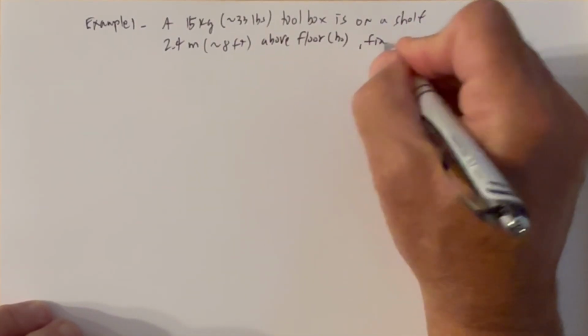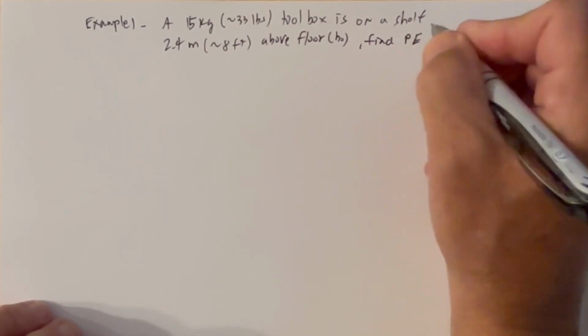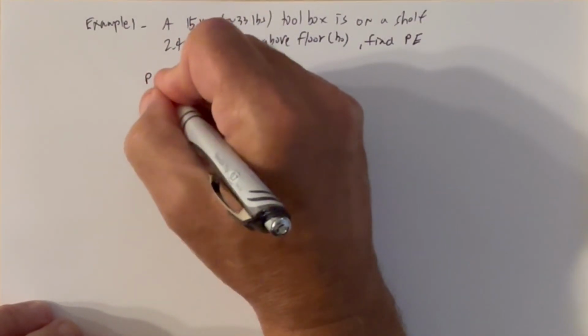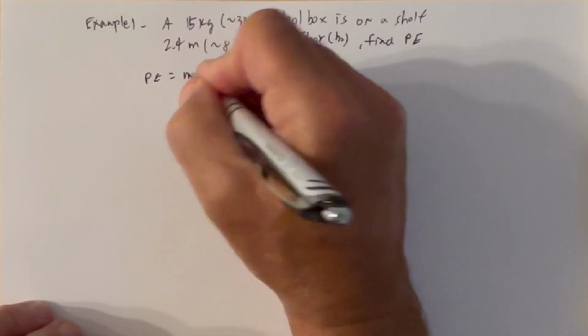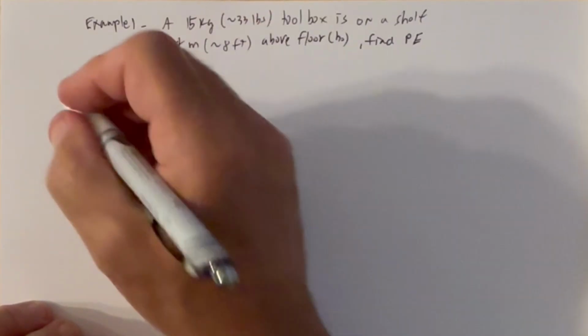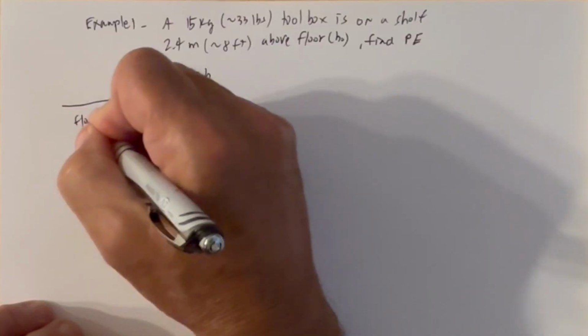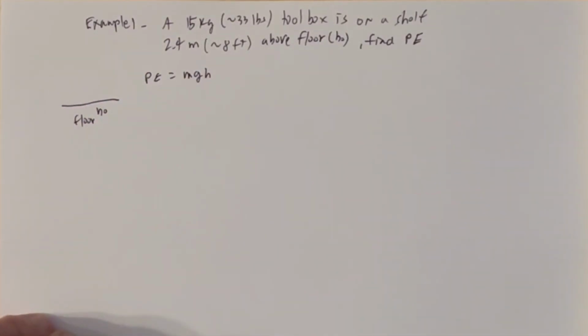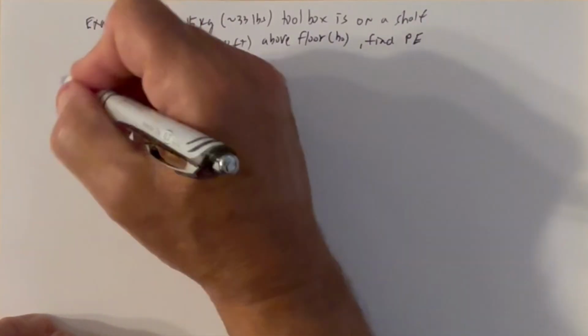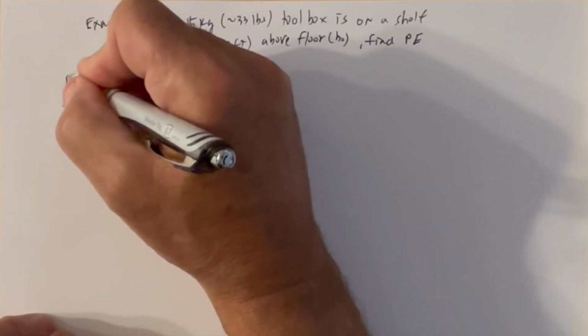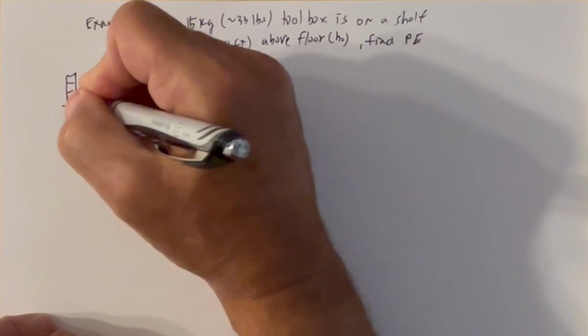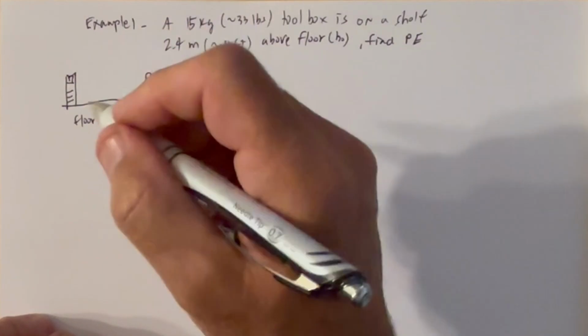So let's find the potential energy. Our potential energy is equal to mgh. And here's our diagram. That's our h0, that's going to be the floor. Like I said, that could be any level floor of any type of building. Here is our shelf, and there's our toolbox.